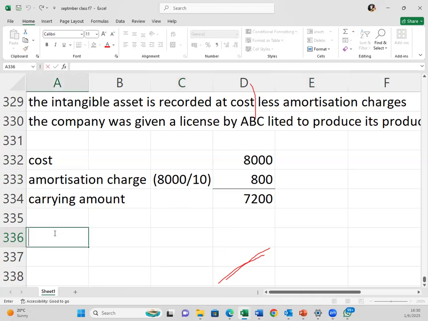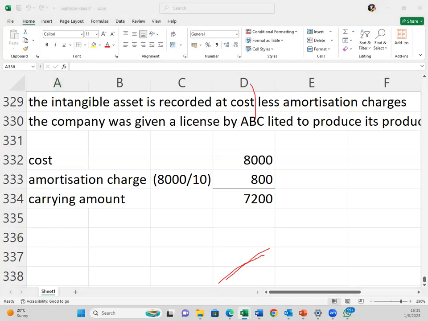Then let's move on. We have the other model where we can use a revaluation.